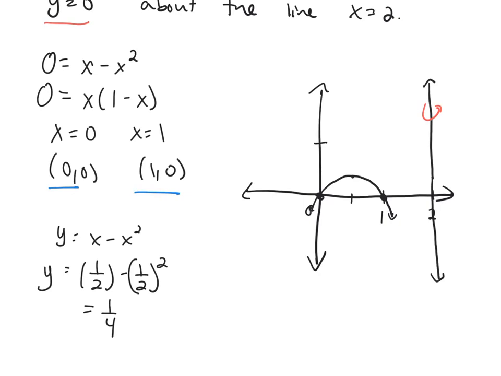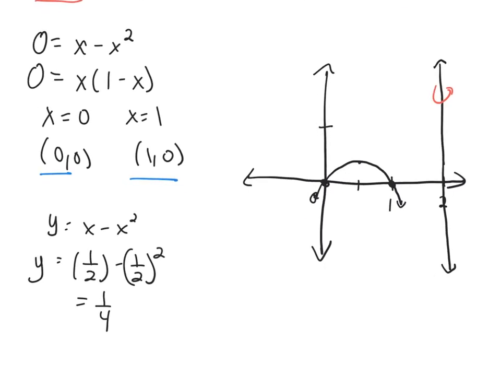So which way do my strips go, horizontal or vertical? Vertical. So when I draw my little strips in here, I want to draw them up and down, vertical. So let's say like this.